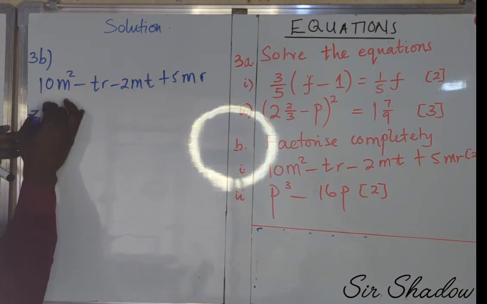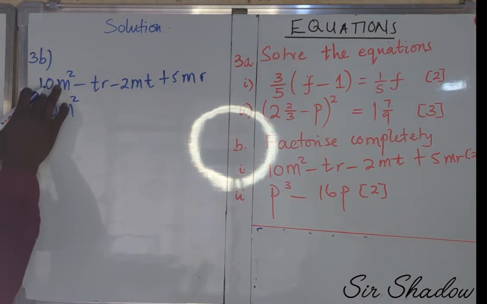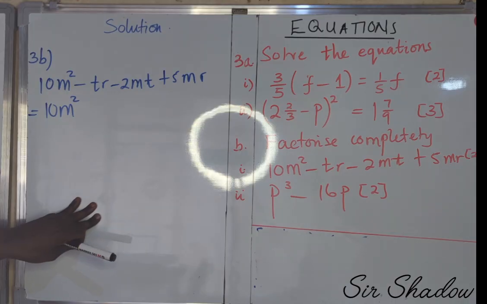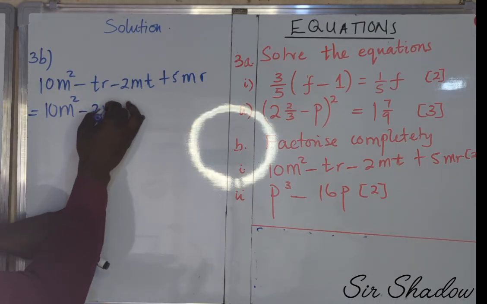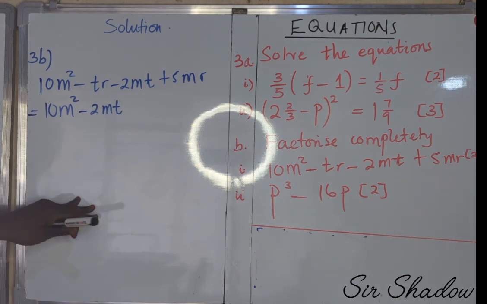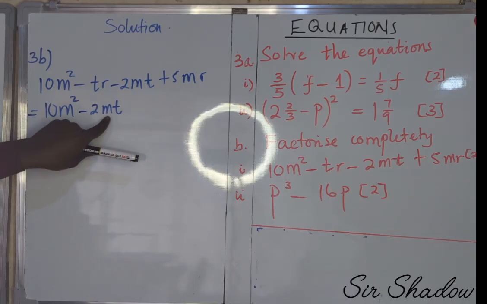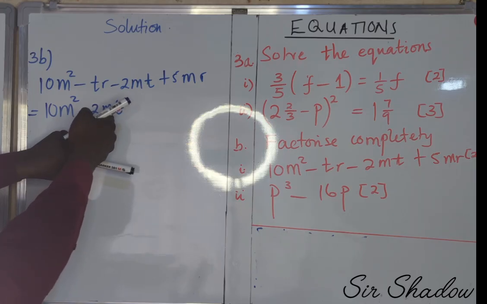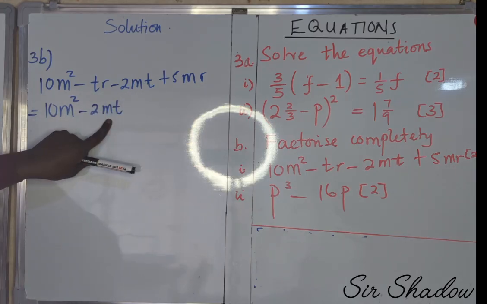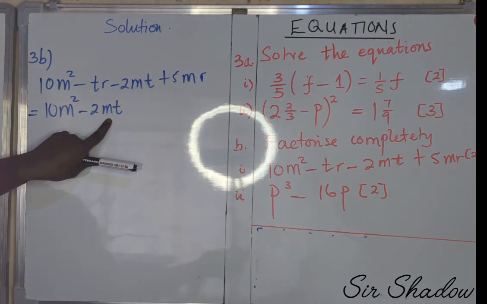So this is equal to: take 10m squared. I take this one and neglect this, and take this one with m, which is minus mt. Remember, I started with something with m only, and secondly I write an expression with mt. So according to this, I have to end with an expression with a letter t.